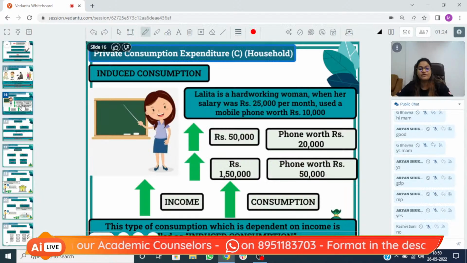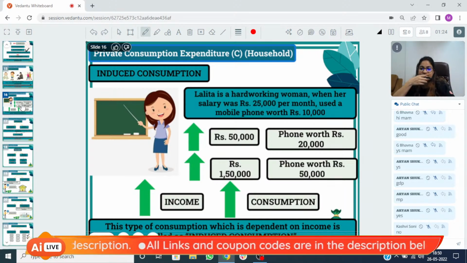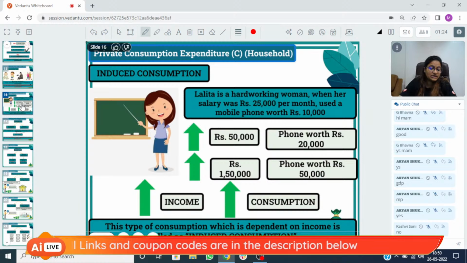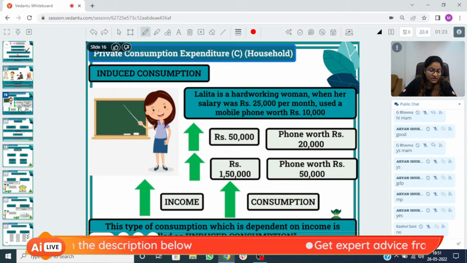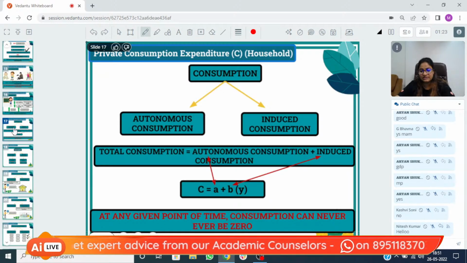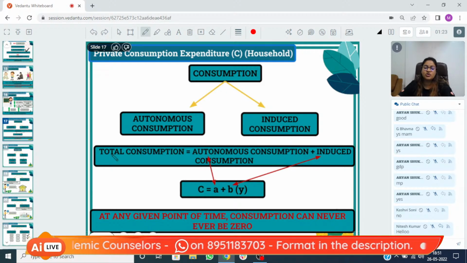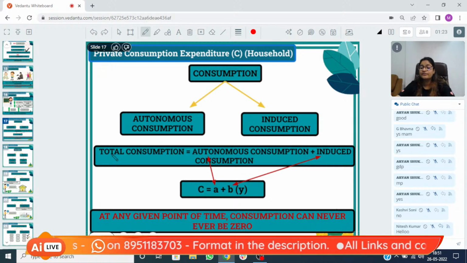Then there is one more type of consumption, induced consumption. Induced consumption is dependent on income. Higher the income, higher the consumption. Lower the income, lower the consumption. Yes or no? Everybody? Yes. So can I say our total consumption is equal to A, autonomous consumption, plus B, induced consumption, which is dependent on income.